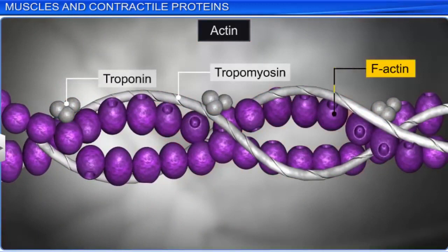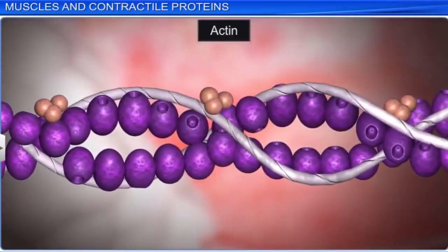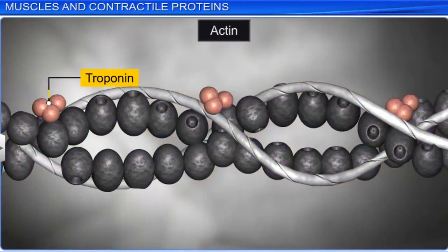Each F actin is a polymer of monomeric G or globular actin. These F actins also have two filaments that run closely throughout their length. These filaments are made of a protein called tropomyosin, which bears another complex protein called troponin at regular intervals. In a resting state, a subunit of troponin covers the active binding sites for myosin on the actin filaments.